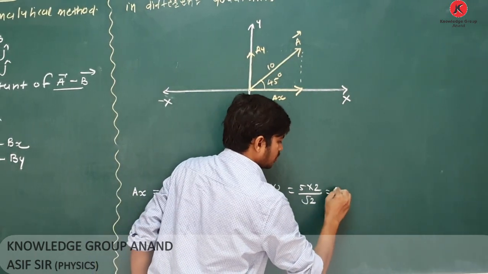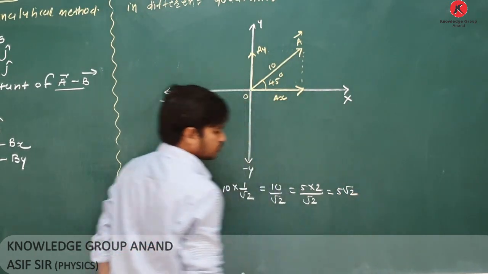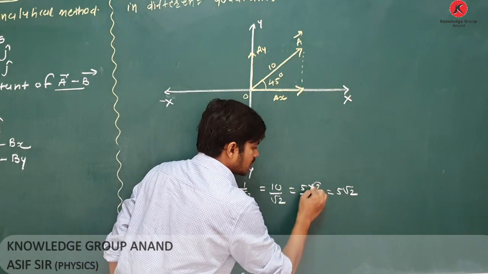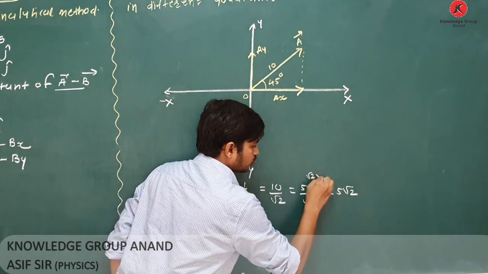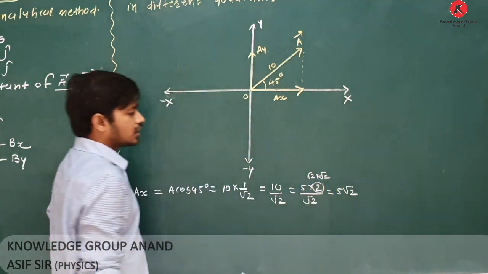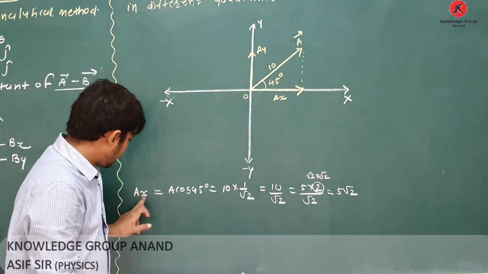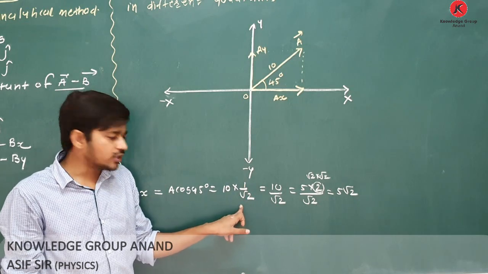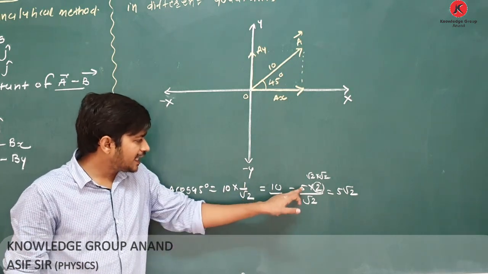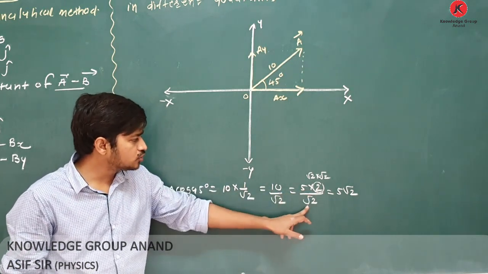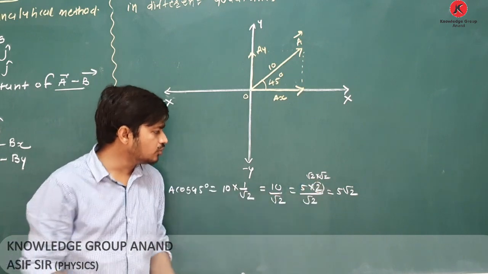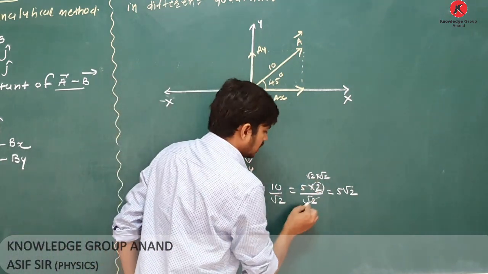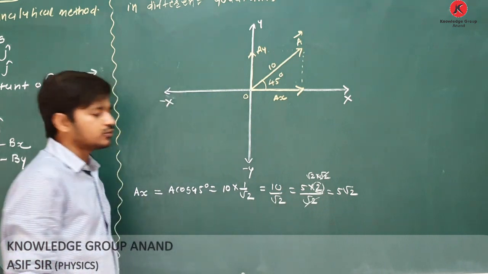What is the meaning of this 2? This 2 means root 2 into root 2. So one root 2 cuts, another root 2 cuts, and your answer is 5. Clear about this?